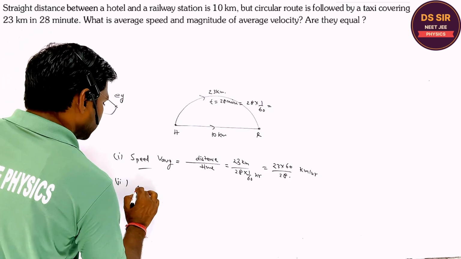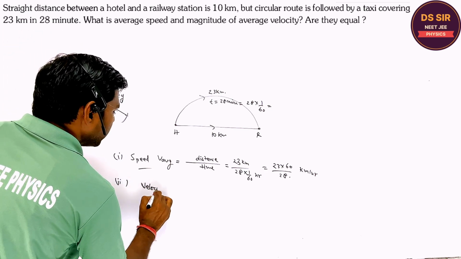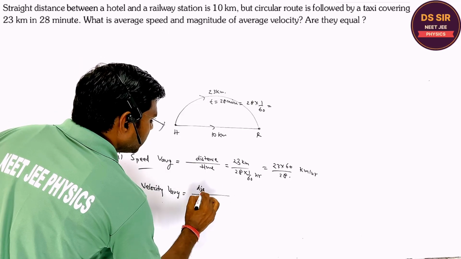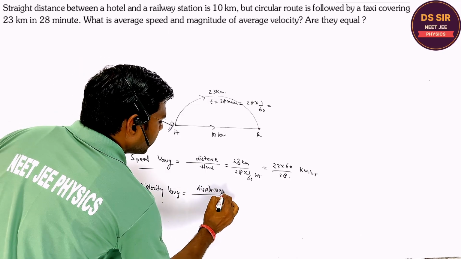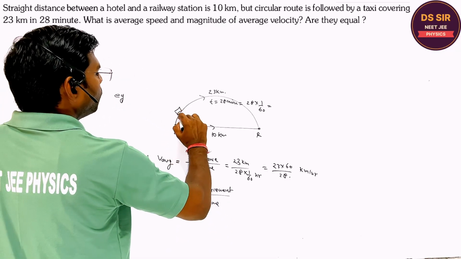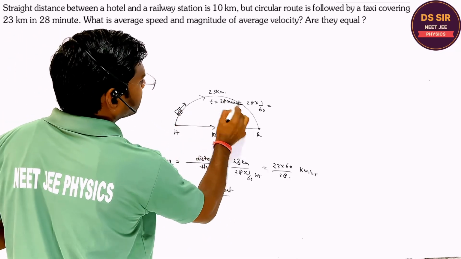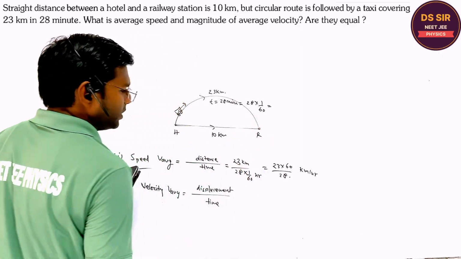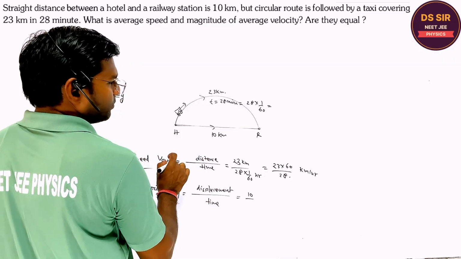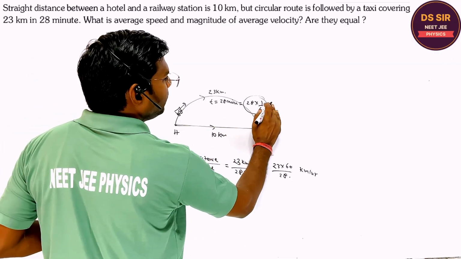The average velocity. What is the average velocity? Say displacement divided by time. Although this car is moving along this path like this, this is the displacement only. So the displacement is 10 and the time, again, we have to take in hours.